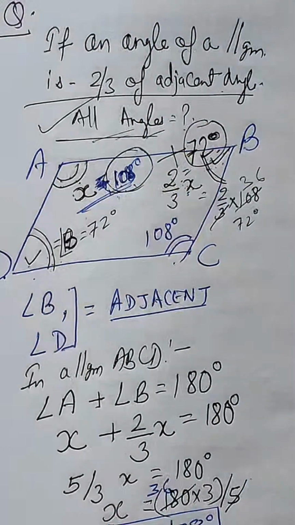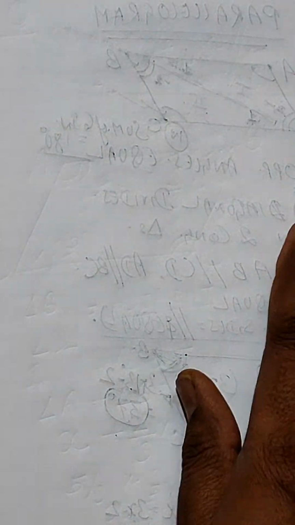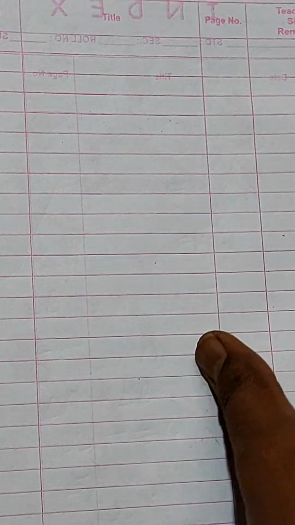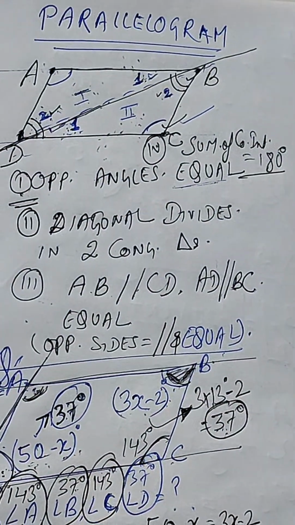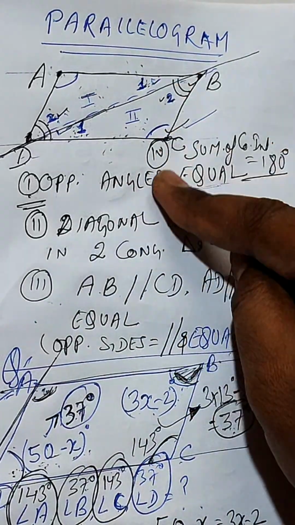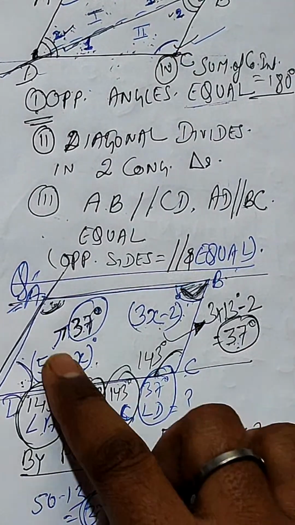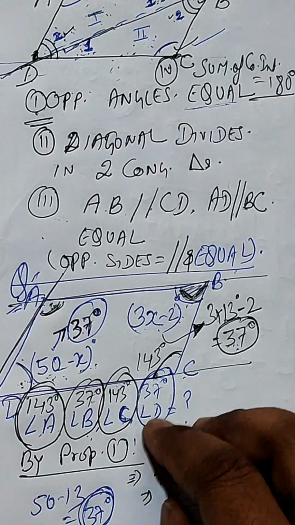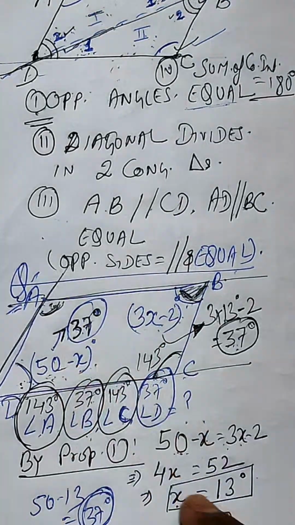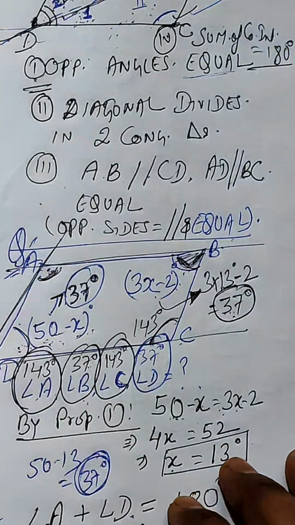Okay, the second question which we discussed in the beginning was this one. We understood the concept underlying a parallelogram, and we took a question that the opposite angles of a parallelogram are 3x minus 2 and 50 minus x. Then we calculated the values of those angles. So that we have done, right?